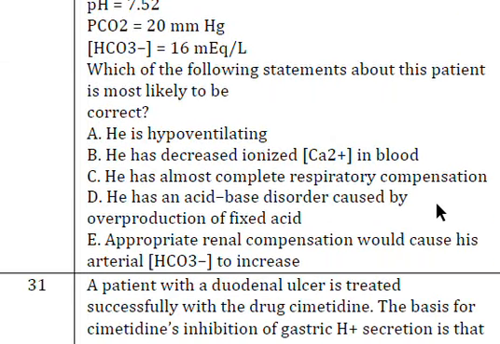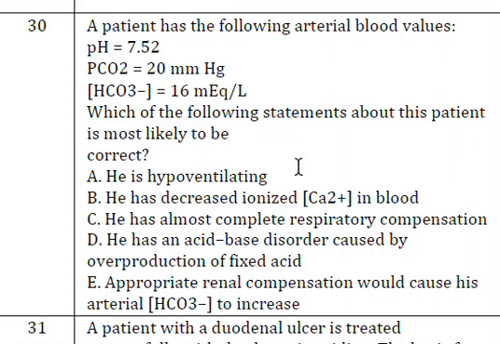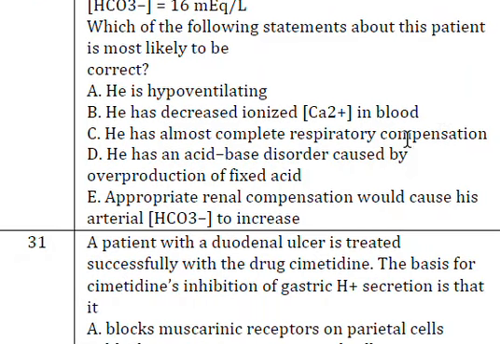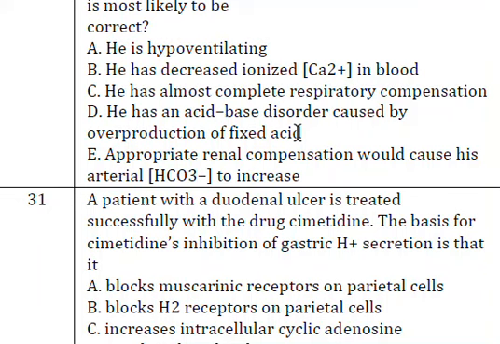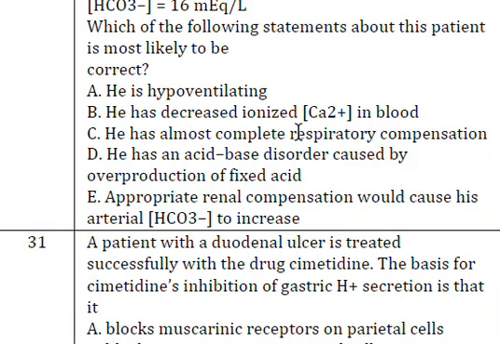And the 30th question. A patient has the following arterial blood values: pH 7.52, PCO2 20 mmHg, HCO3- 16 mEq/L. Which of the following statements about this patient is most likely to be correct? A. He is hypoventilating. B. He has decreased ionized Ca2+ in blood.